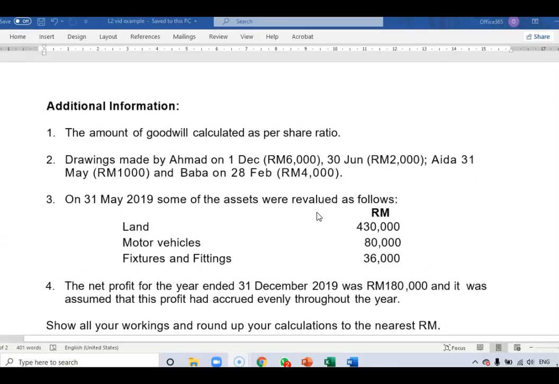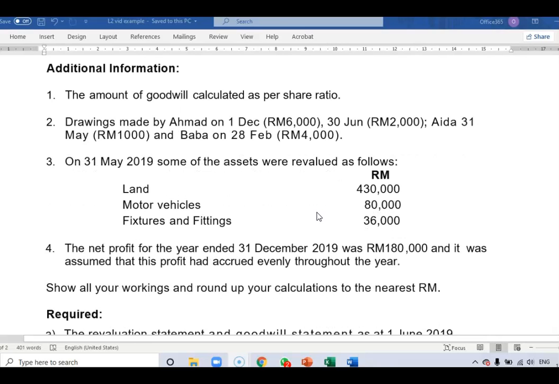Okay, then the additional information. This is additional information to prepare your appropriation statement, and also the revaluation and the goodwill account. The amount of goodwill is calculated as per the share ratio, meaning using the old share ratio. Then these are the drawings made. And the third piece of additional information is on revaluing the assets, and you need to compare with the financial statement later, whether it is an increase or decrease.